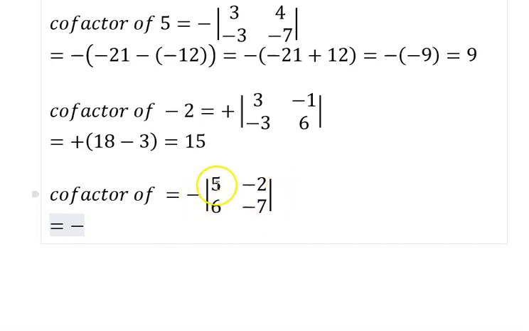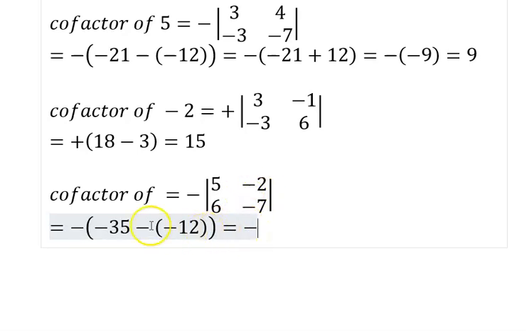Corresponding sign now is minus, so 5 times minus 7 will give us what? Minus 35. Our normal minus that used to be there. 6 times minus 2 will give us what? Minus 12. Beautiful. So what do we have from here? Our minus that is outside, 35 that we have, minus times minus 12 will give us plus 12.